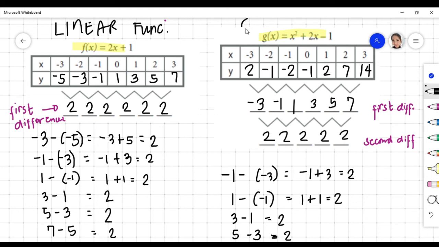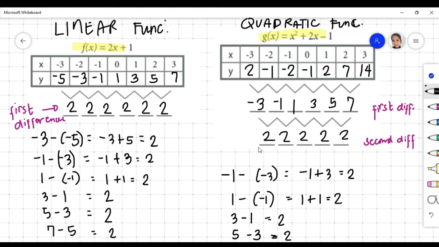But in the quadratic function, dun pa lang sa second differences, ito mag-equal.